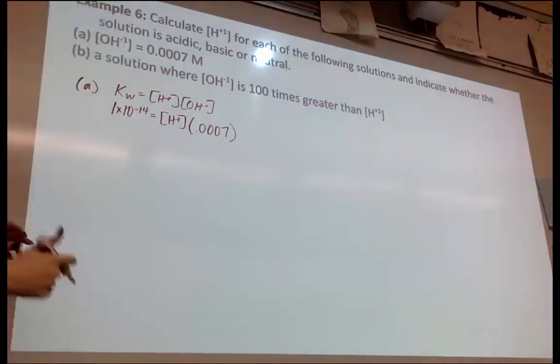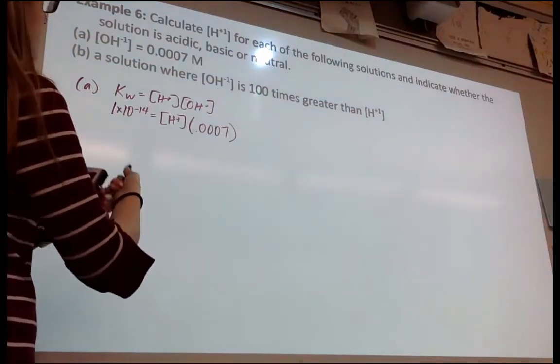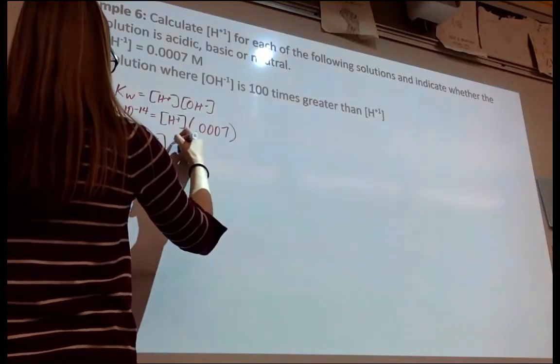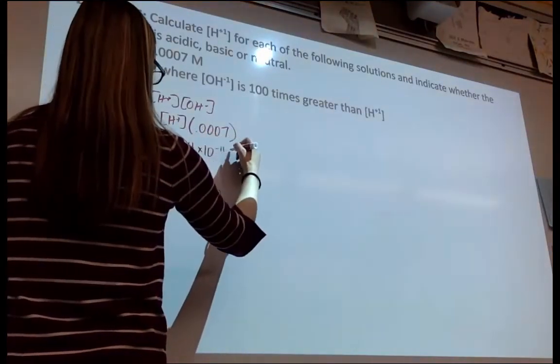0.0007 is OH minus. So we plug that in. 1 E negative 14 divided by 0.0007 gives H plus, 1.4 times 10 to the negative 11.